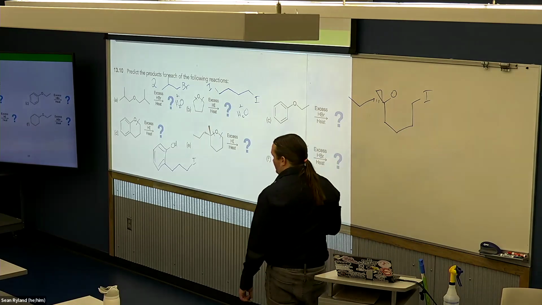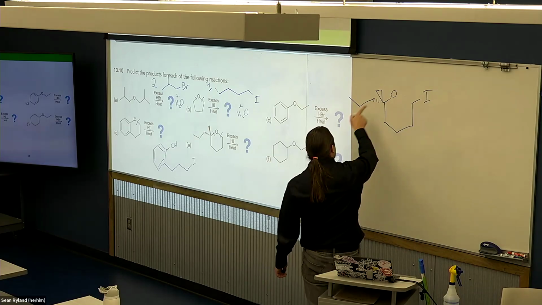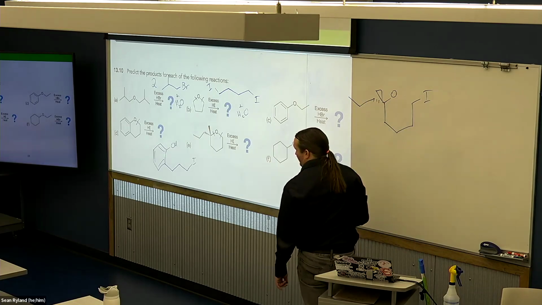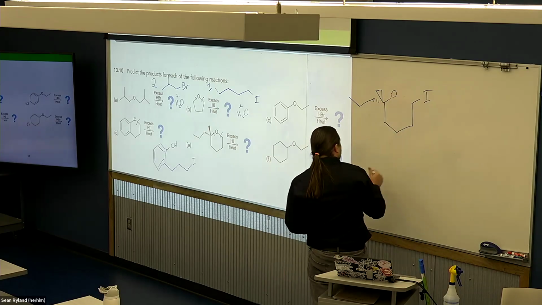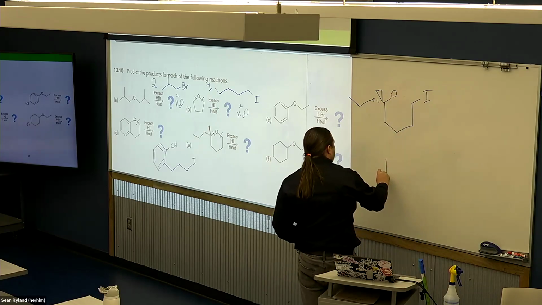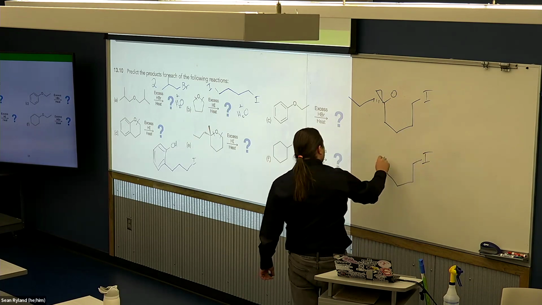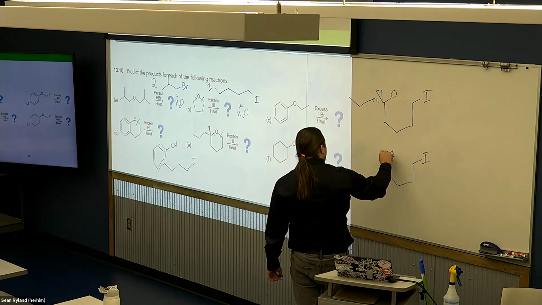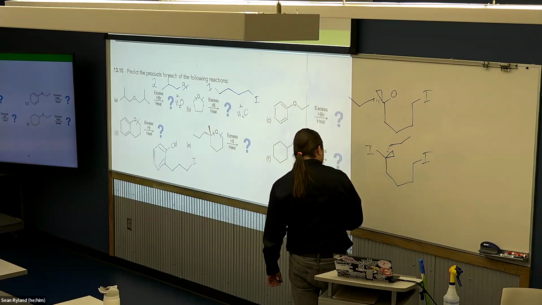So when the oxygen is going to leave, the iodine is gonna come in from this side and these are gonna get pushed that way. In the interest of showing this properly, now my methyl's there, my propyl's over there, and my iodine is here.